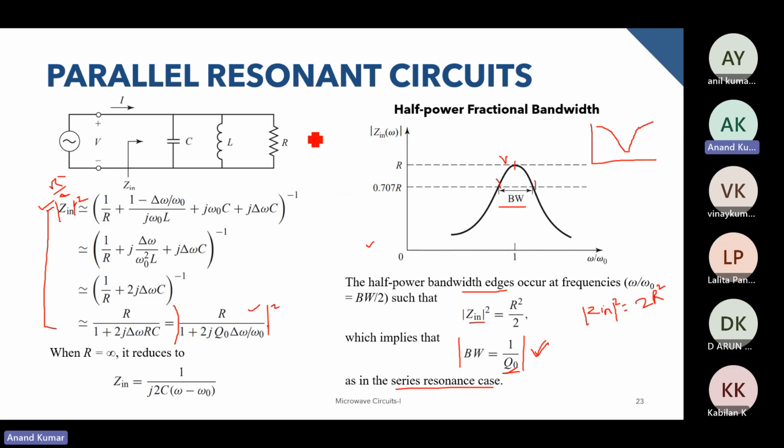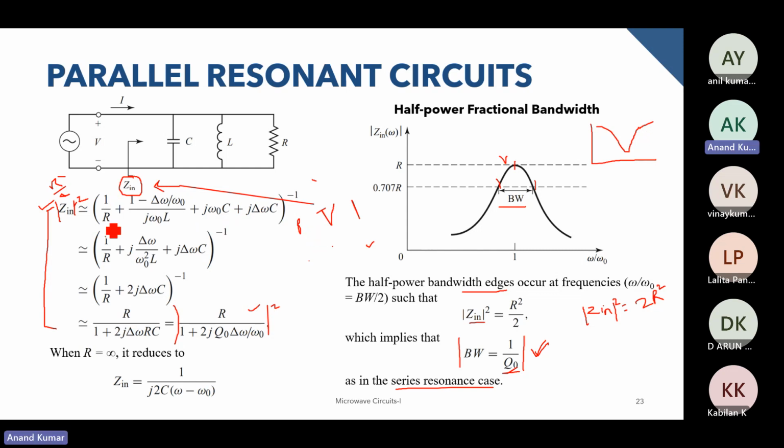Okay, so all the things are very much the same for series and parallel resonance circuits. Just the expression for the input impedance changes, but all the relationships, like the relationship between power, voltage, current, and the input impedance, remain the same, so the other expressions are the same.